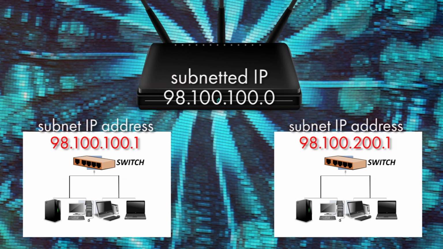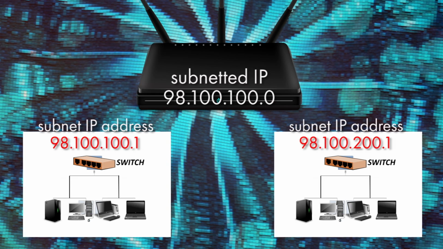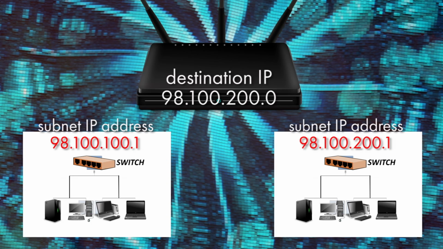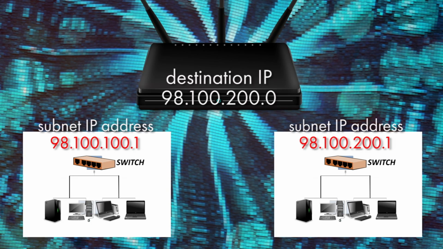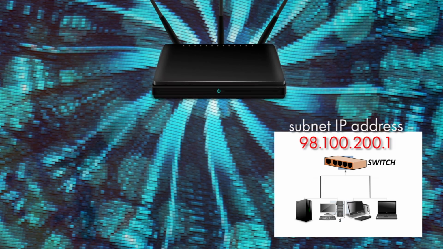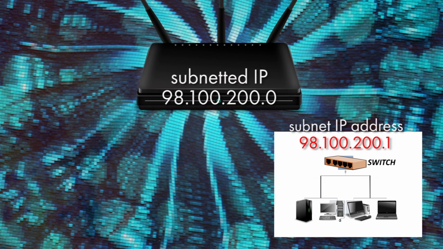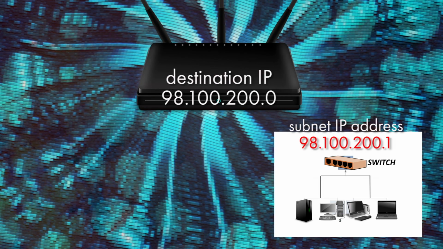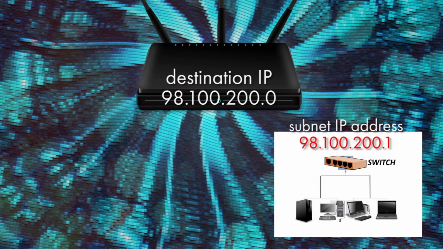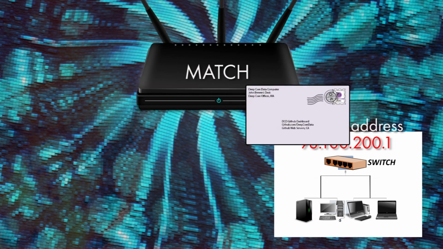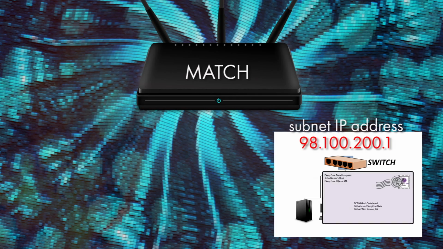Its subnetted IP is 98.100.100.0 on that network, while the destination IP is 98.100.200.0, so it knows that's not the right subnet. It moves on to the next subnet, where its subnetted IP address is 98.100.200.0, and the destination subnetted IP address is 98.100.200.0. It has a match. It sends the packet down to the switch in that office, which delivers the packet to the destination machine.